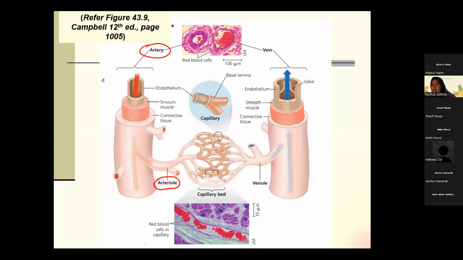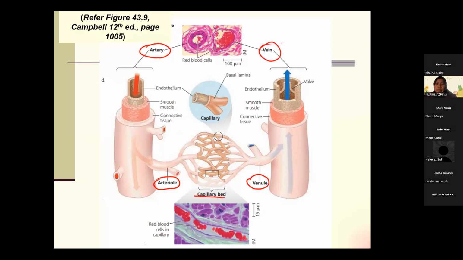Okay, so arterioles later connect to the capillaries, or what we call the capillary bed or network of capillaries. Next, the capillary connects to the venule. A venule is a smaller branch of a vein, before it merges into a large vein.